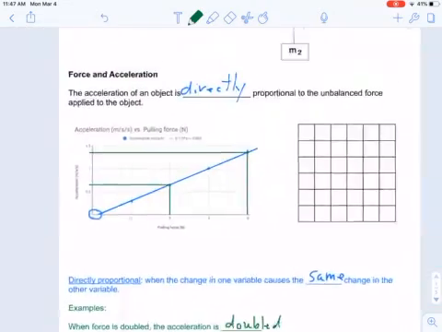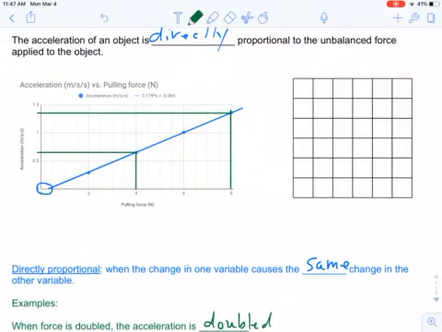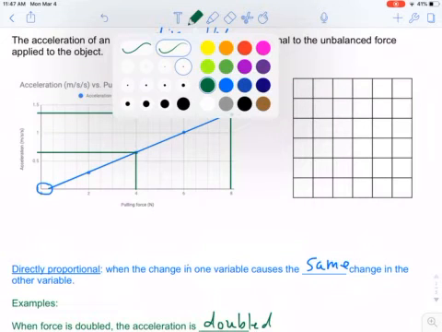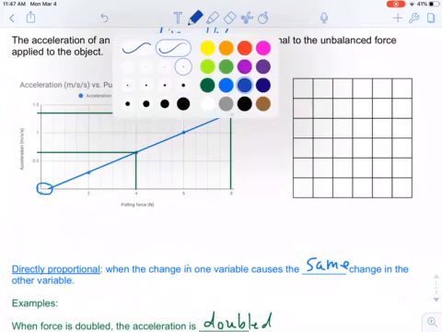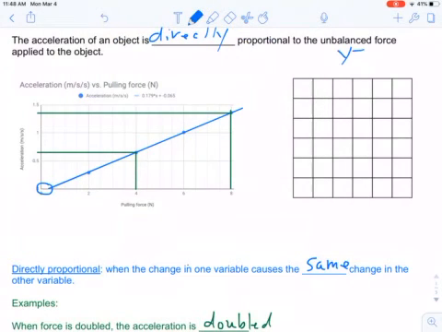Now in this space to the right, what I wanted to do with you is to graph what the equation y equals x looks like. When y equals x, this would show that as x increases, y will increase.